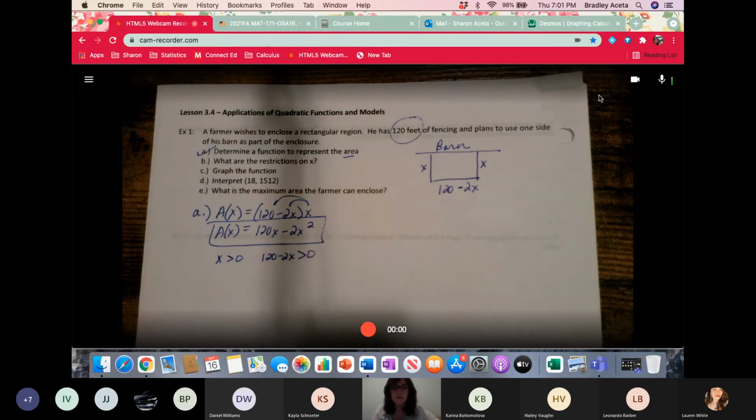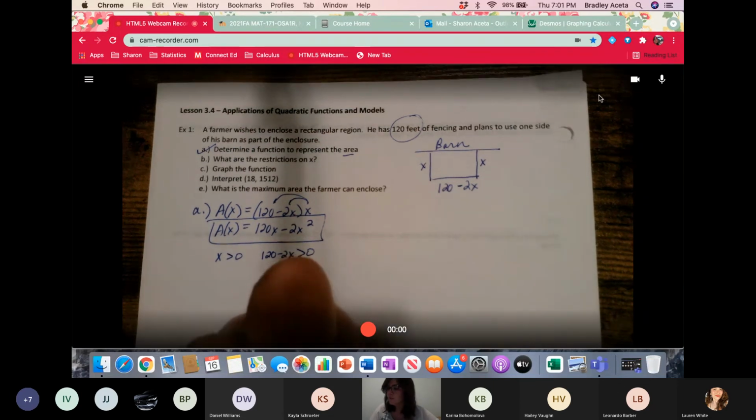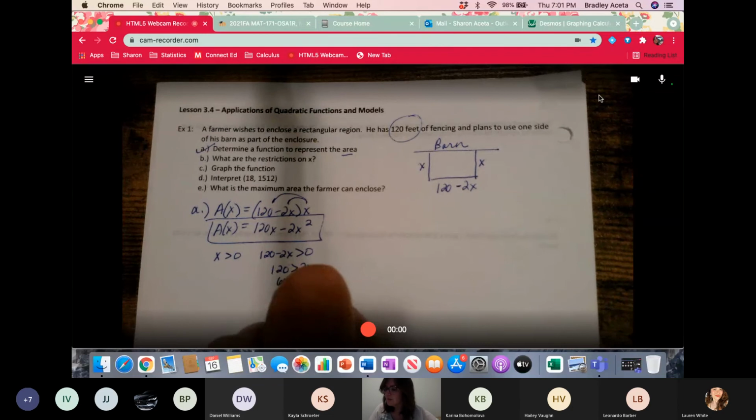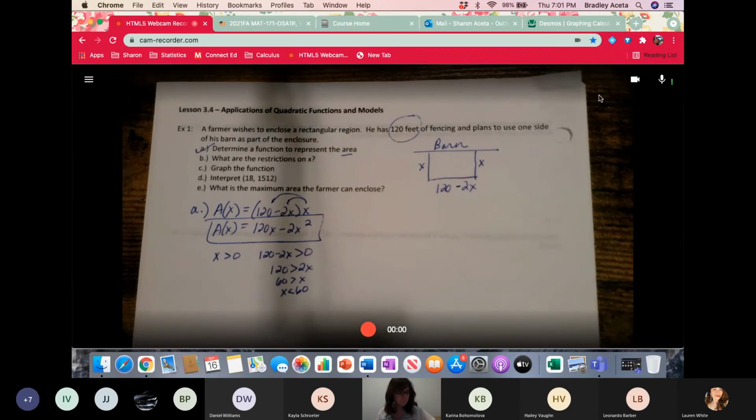So solve this inequality. 120, I'm going to bring the minus 2x over, put greater than 2x, and then divide by 2. 60 is greater than x. So I'm going to write that the other way. x is less than 60. So here's my restrictions on x. My restrictions are that x has to be bigger than 0, but less than 60.